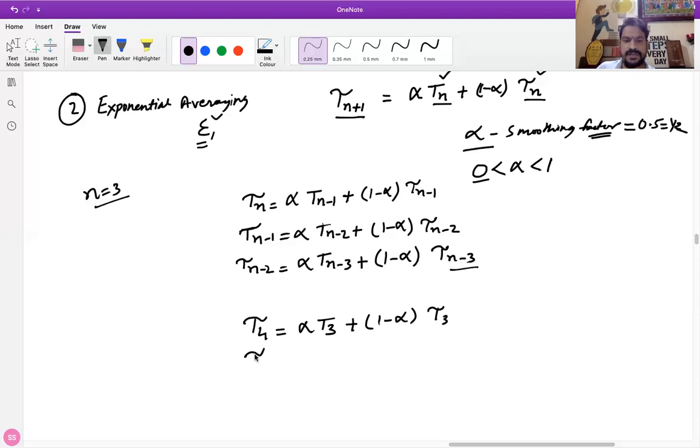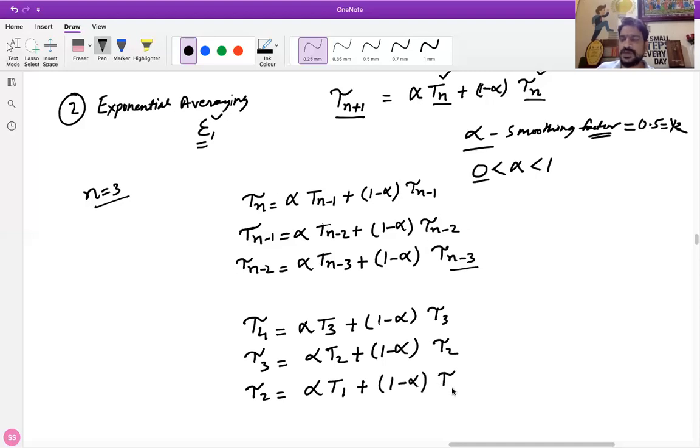What is the predicted time of the process 3? It will be alpha into the actual time of the process 2, plus 1 minus alpha predicted time of the process 2. What is the predicted time of the process 2? It will be alpha into the actual time of the process 1 plus 1 minus alpha predicted time of the process 1.